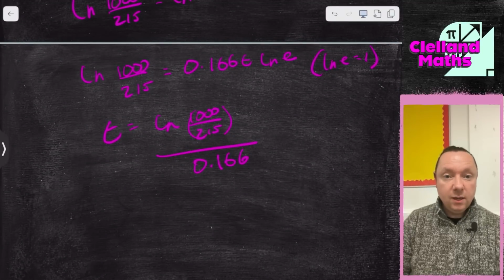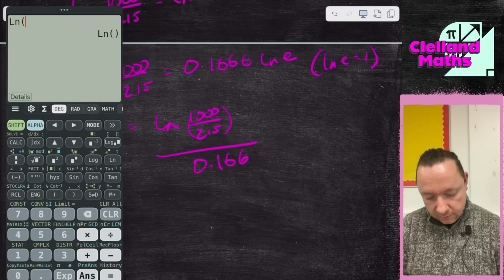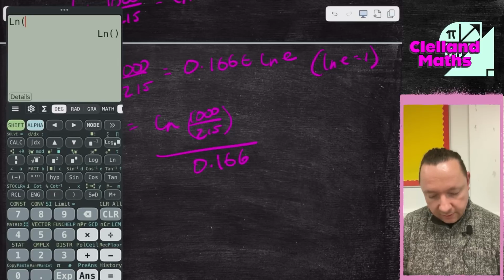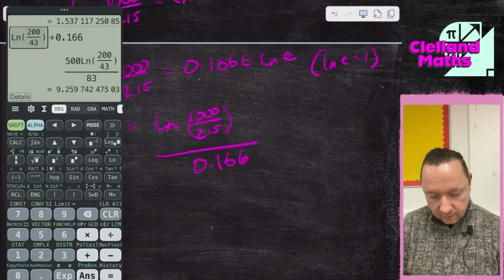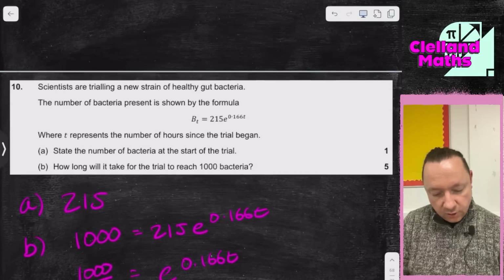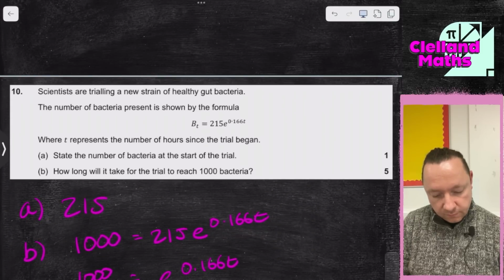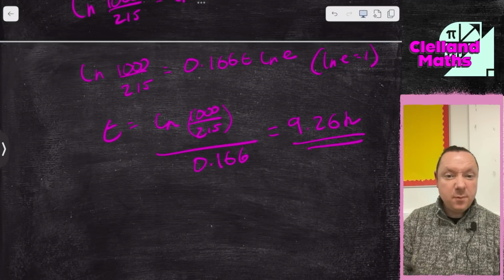So we'll just get a calculator and work it out. ln, bracket, I've already got a bracket, 1000 divided by 215, press equals, divided by 0.166, and I get 9.259 or 9.26. And what is the units on this? Hours.